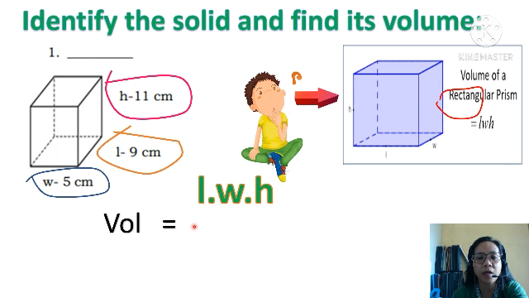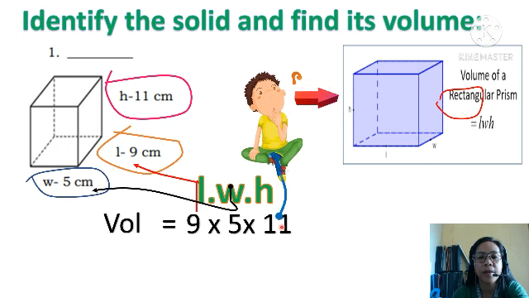So let's try. Length, which is L, is 9. Okay? And W, which is width, is 5. And height, or H, which is height, is 11 centimeter.